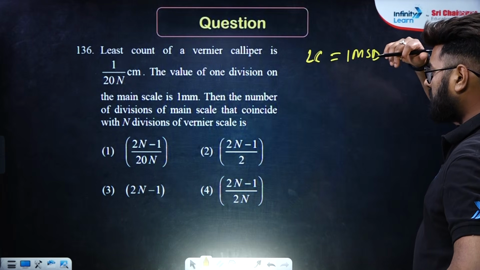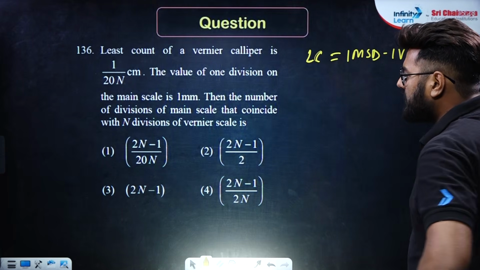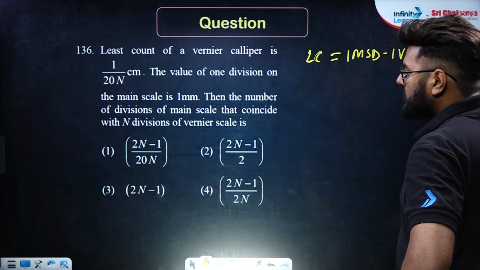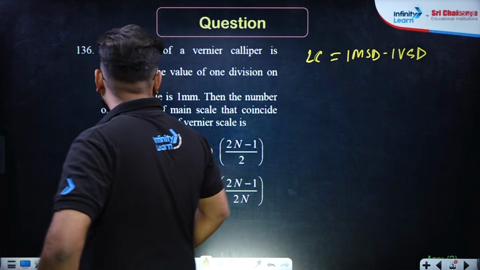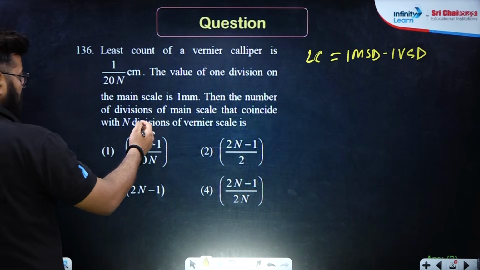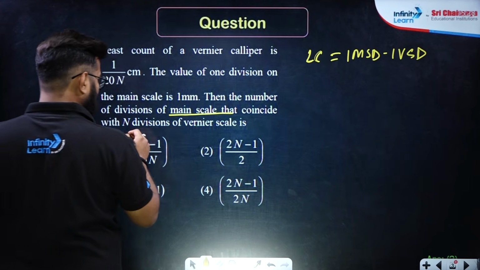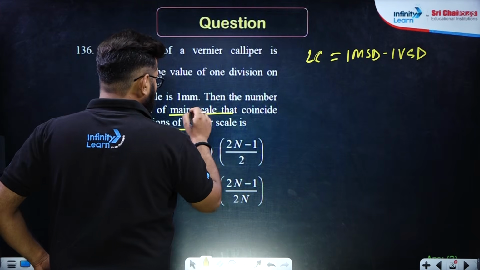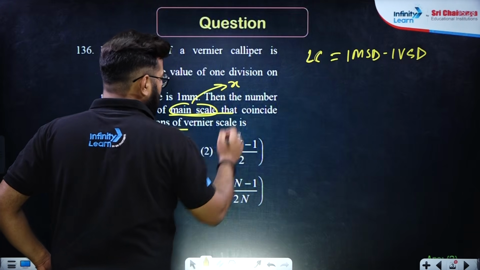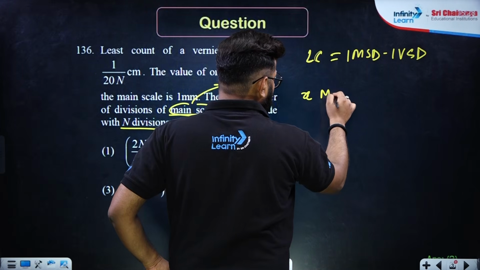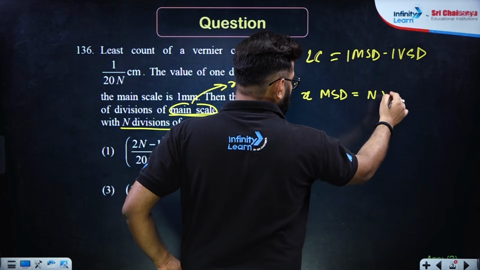So let's say some x divisions of the main scale coincide with n divisions of the vernier scale. So x MSDs are basically equal to n VSDs, right?